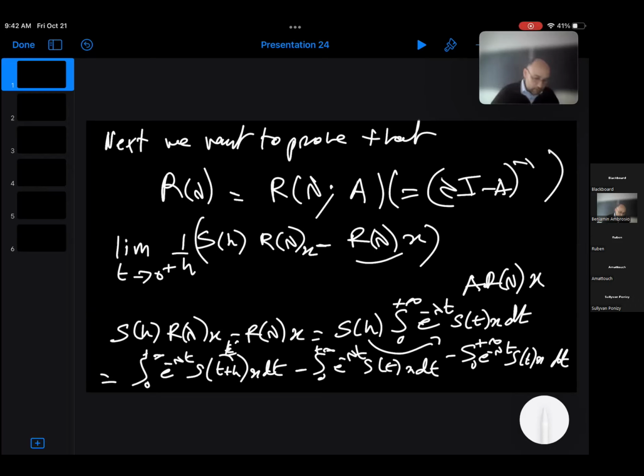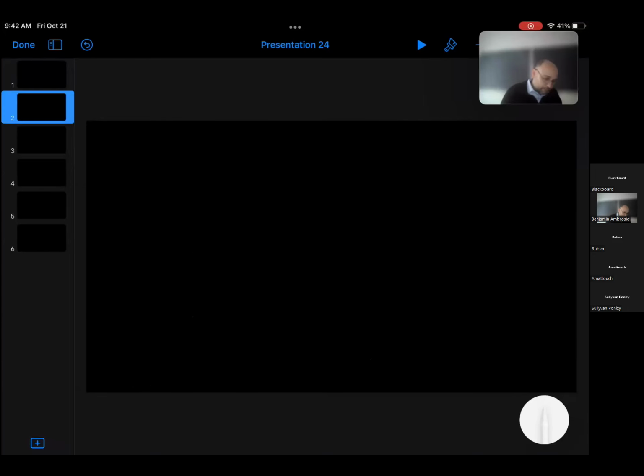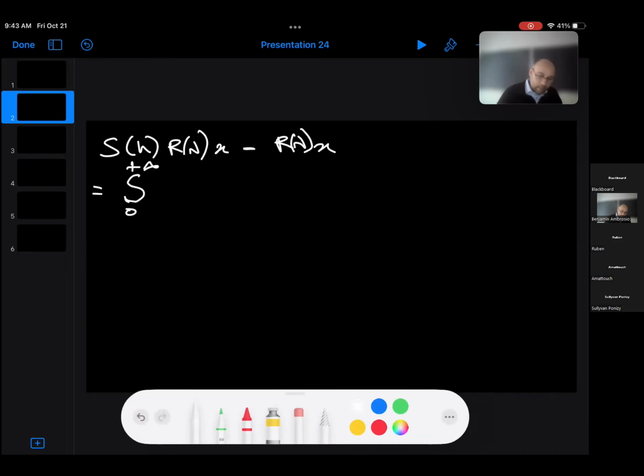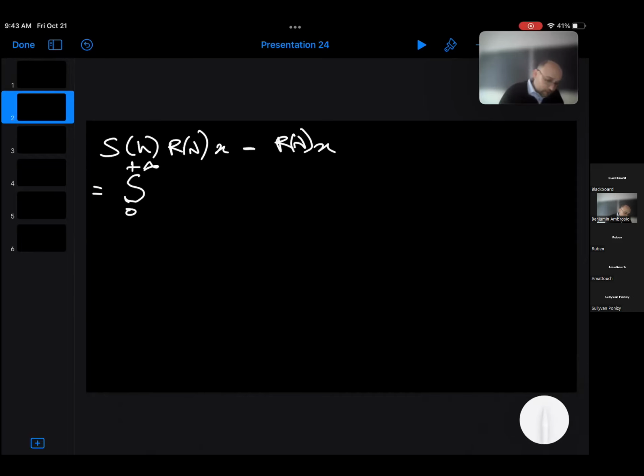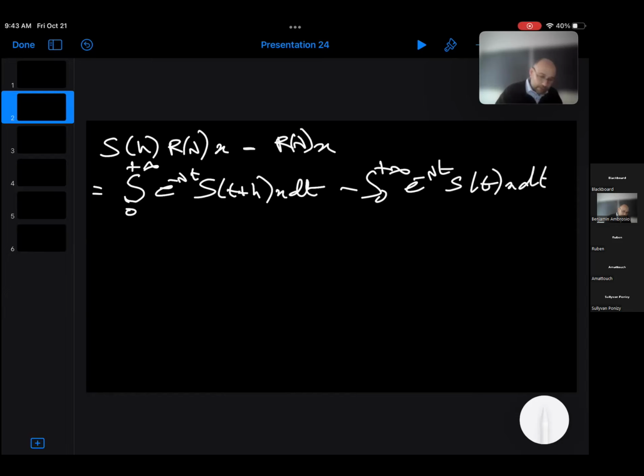I will call this one t prime. If I do that, I will obtain that S(h) R_lambda x minus R_lambda x equals, okay, I write it again so this will be more clearer, the integral of exponential minus lambda t S(t+h)x dt minus the integral of exponential minus lambda t S(t)x dt.